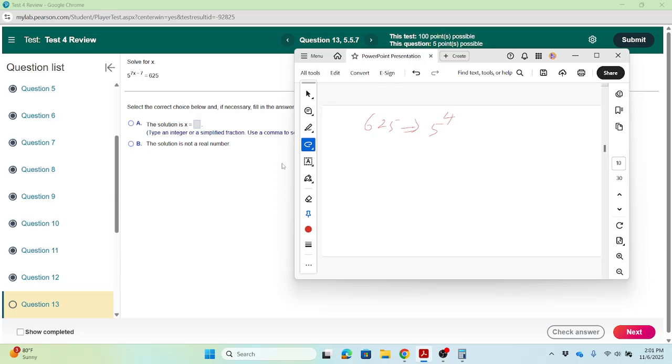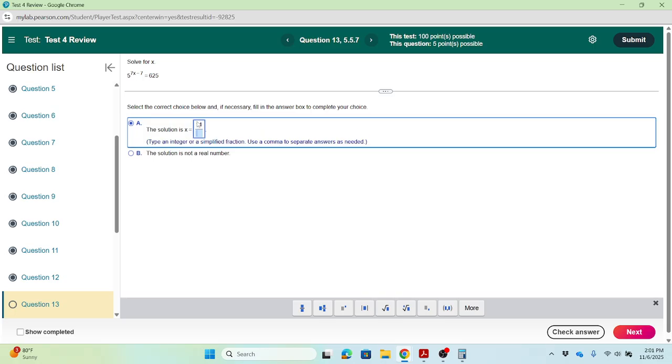So this problem can be expressed as 5 to the power 7x minus 7 equal 5 to the power 4. Because of the same base, you can just equate the exponent and then solve for x. So that is 7x equal 11, and then if you divide by 7, the answer is x equal 11 over 7.